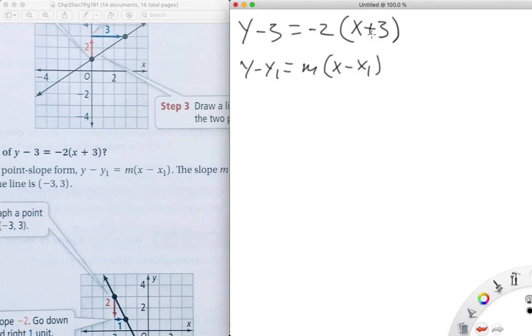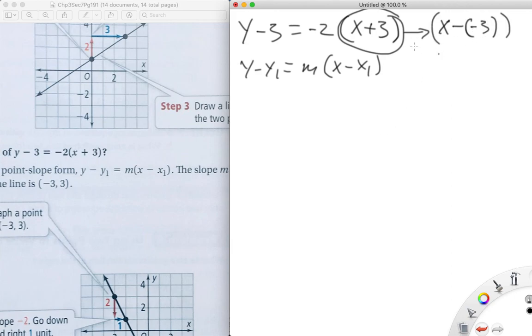Since we have a positive here, we can actually rename this, because it has to be in the form of x minus x1. So instead of x plus 3, we have x minus -3. We can rename this. That helps us out.